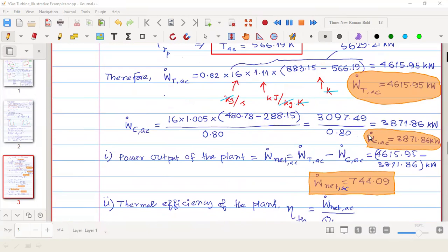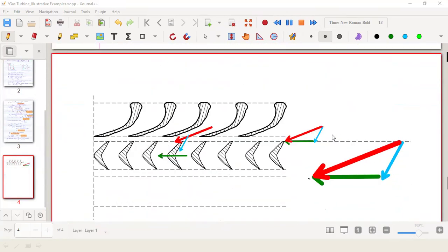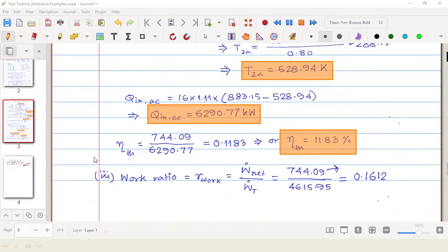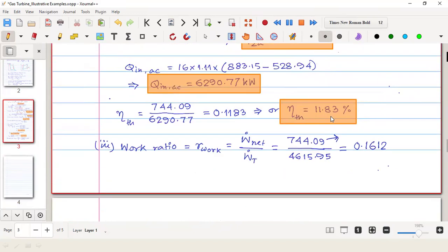So that we see that this is the ratio of the net work output to the turbine work output, and therefore we see that only 16% of the total turbine work output is realizable work output, and the remaining 83.88%, that is 100 minus 16.12, about 83.88%, is consumed by the compressor.